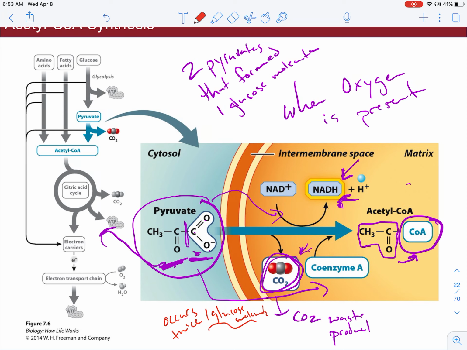And so here we would have two molecules of acetyl-CoA produced, two molecules of NADH, and 2 of the 6 molecules of CO2 come out here, right?